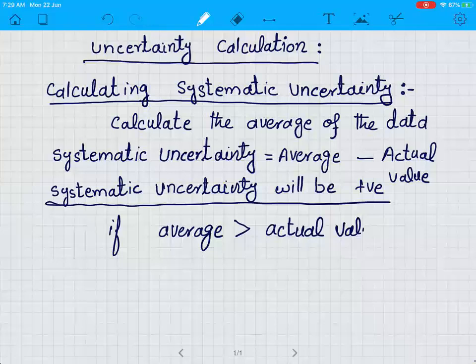So if you get a situation in which the average of the data is bigger than the actual value, then the systematic uncertainty will be positive.